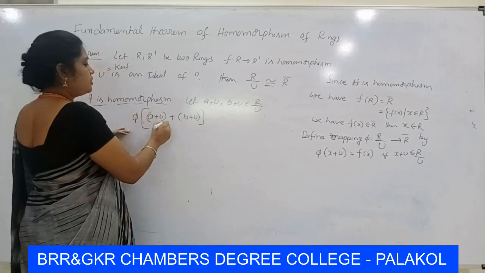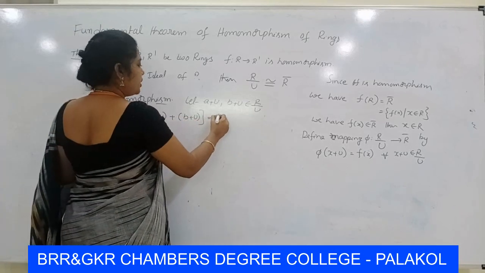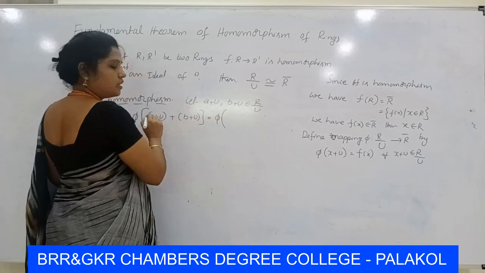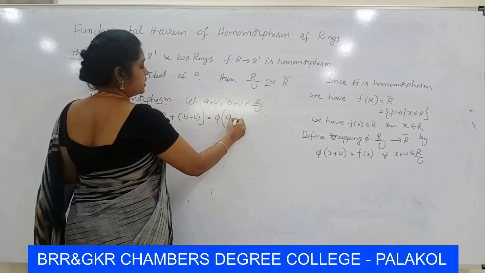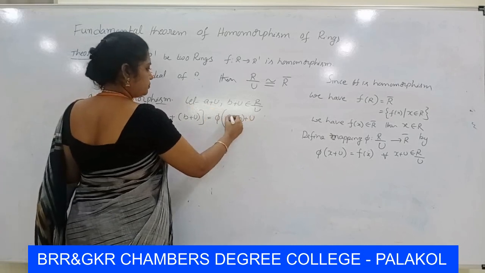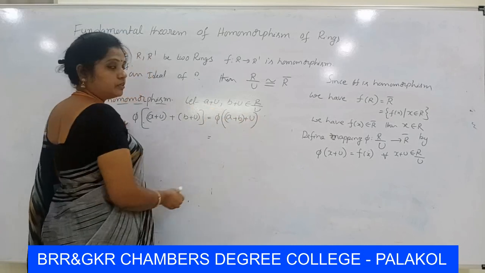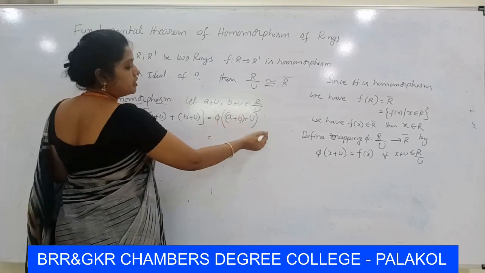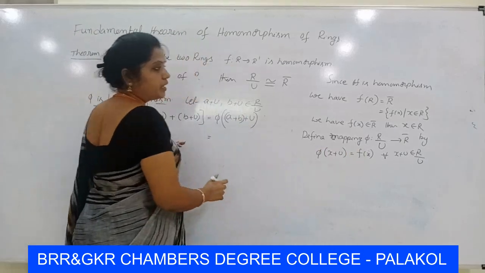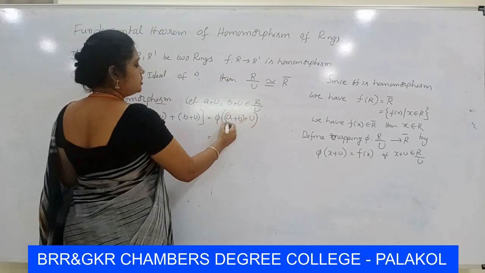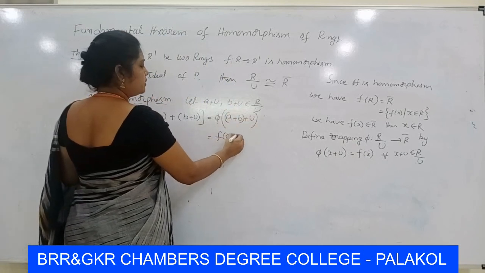So phi of a plus U plus b plus U is equal to phi of, by coset addition, a plus b plus U. Its image is phi of x plus U, defined by f of x. Therefore this is f of a plus b.